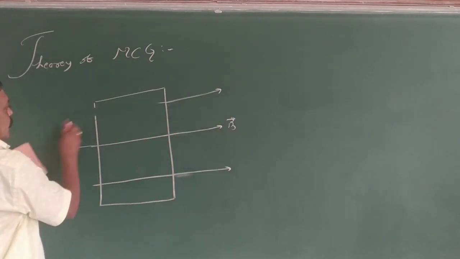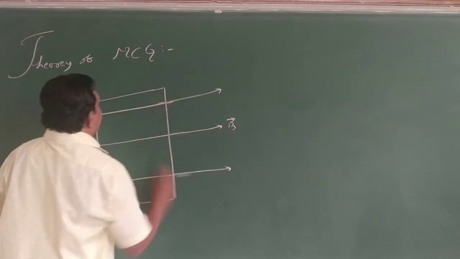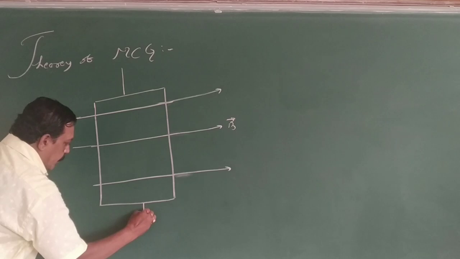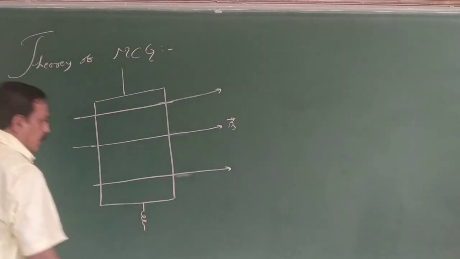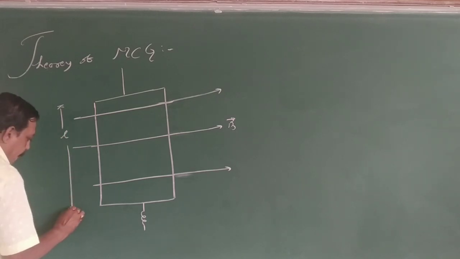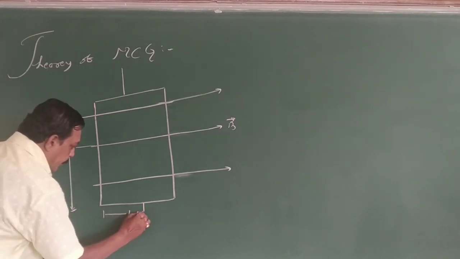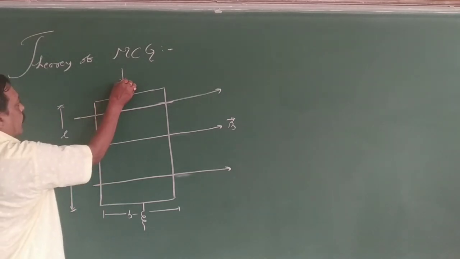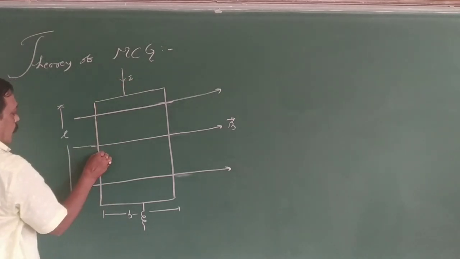Right? Yes. Now, this is a suspension strip and this is the lower end connected to the spring. Now, the coil has length L, breadth B. Now, there is a flow of current I. Current is flowing through the coil.